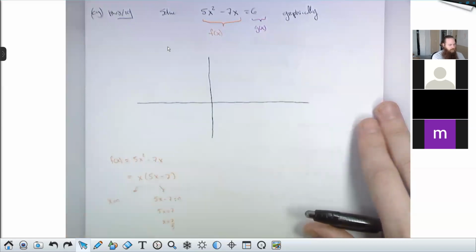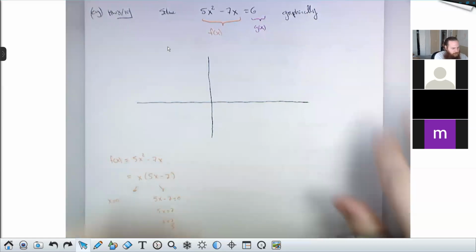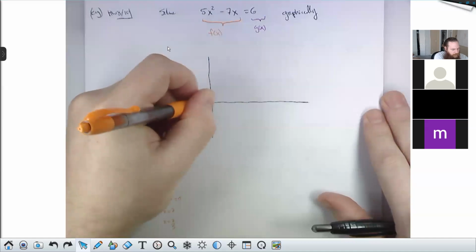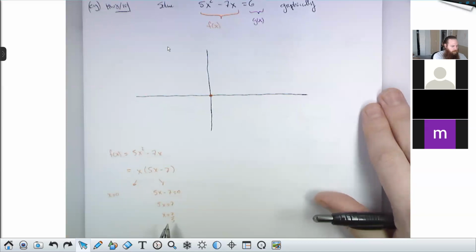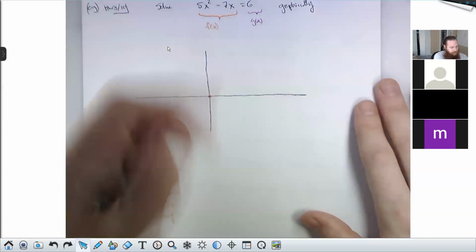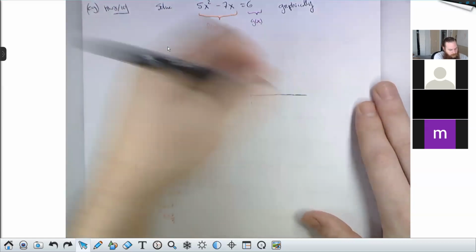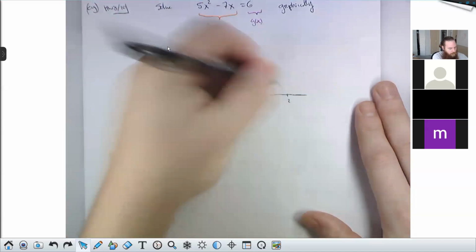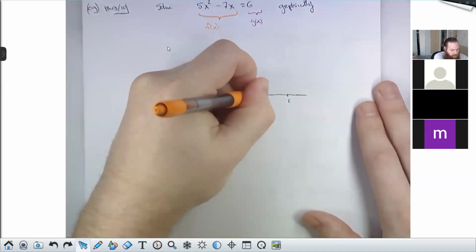This is really not helpful, but we can get some idea of what's going on here. 0, 7/5. This is a little bit larger than 1. It's 1 2/5. So, if I mark 1 right here, 2 right here, 1 2/5, 7/5 would be like right here.